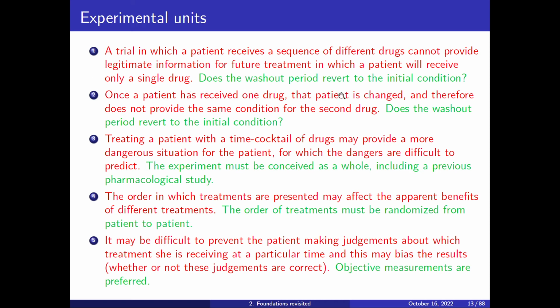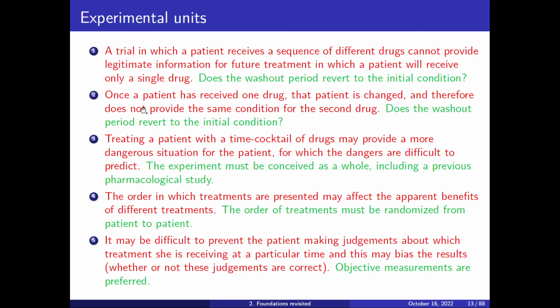So here the key question is whether the washout period reverts to the initial condition. So if the first treatment changes the nature of the patient, then this argument is true.